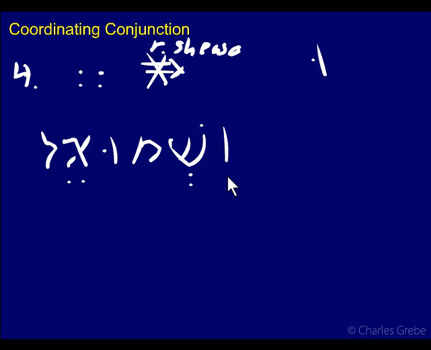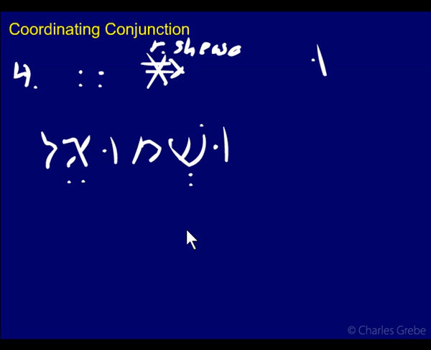If we add vav here, we have two vocal Shavas, but it does not follow the rule of Shava, because it will only follow the first rule of Shava if this consonant were a yud. Then we would get V, just like we saw in the previous case. Instead, what we get is U. This changes to U. So let's get rid of this, and put our U in there. So we get Ushmuel.